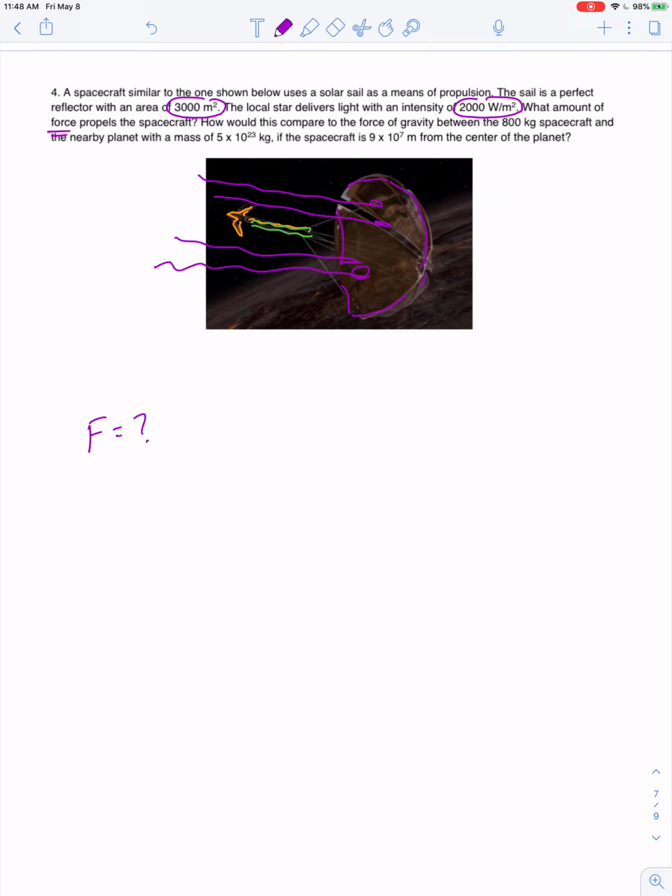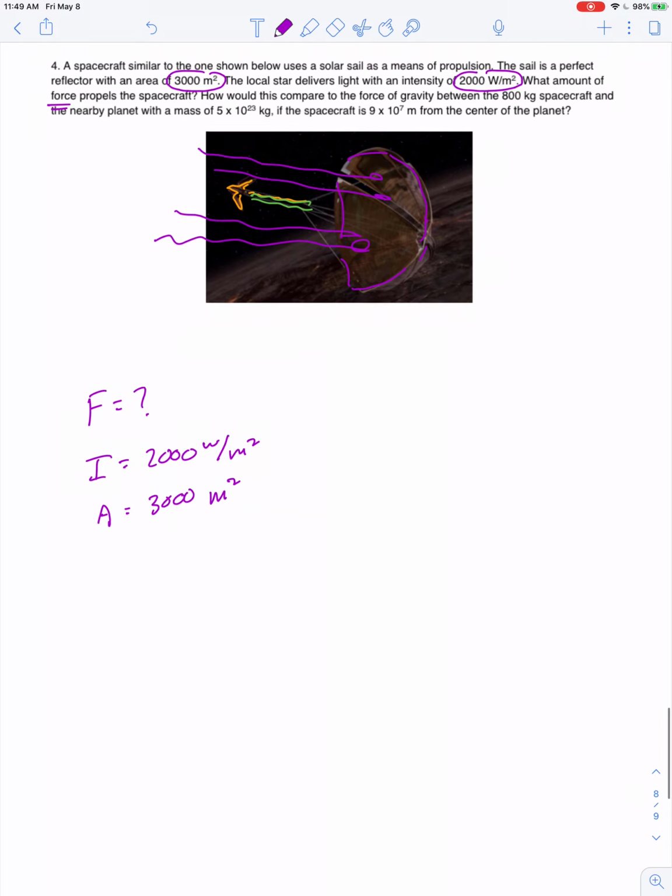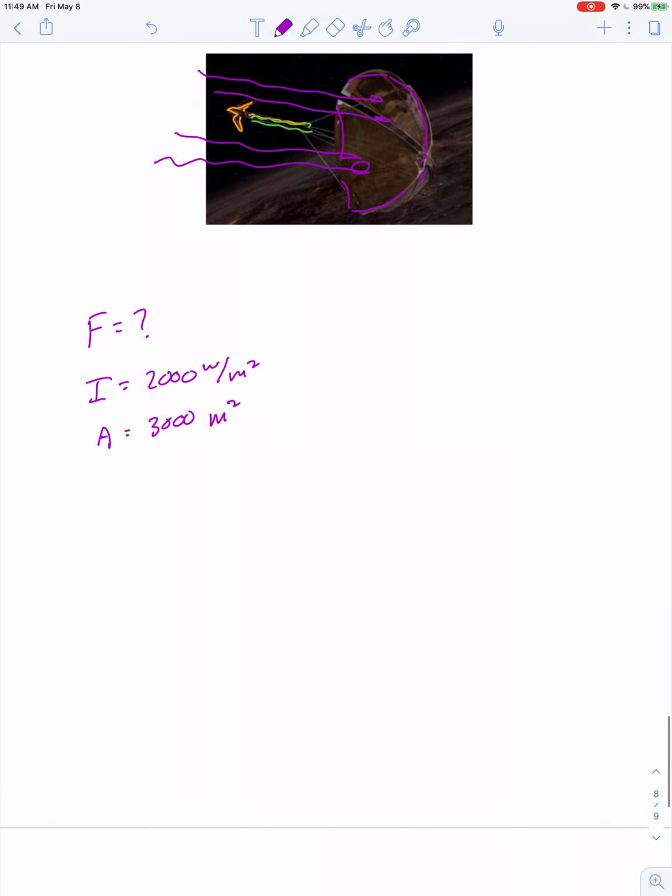So we're looking for force. We are given intensity, 2,000 watts per square meter, and we're given area, 3,000 square meters. So force, well, pressure is equal to force over area. So force is equal to pressure multiplied by area.